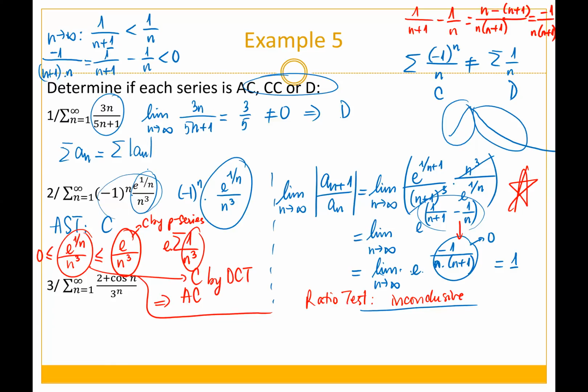Let's do number 3. The series of 2 plus cosine of n divided by 3 to the n. Let's see what you guys think we should use here. Yeah, please tell me in the chat room what you guys are going to use for that series in number 3.